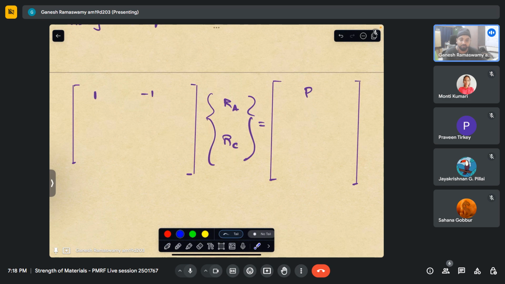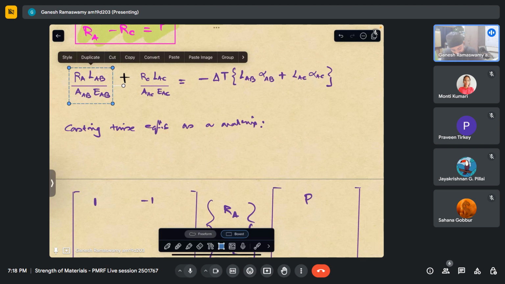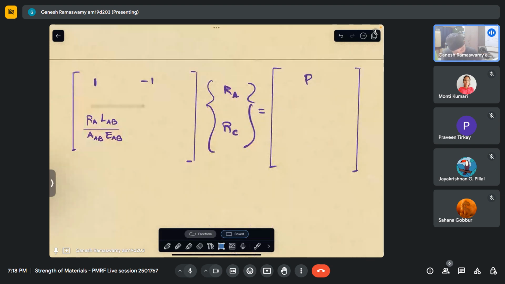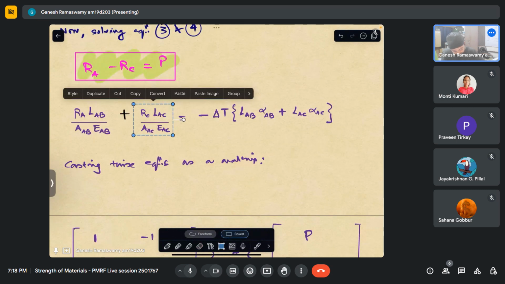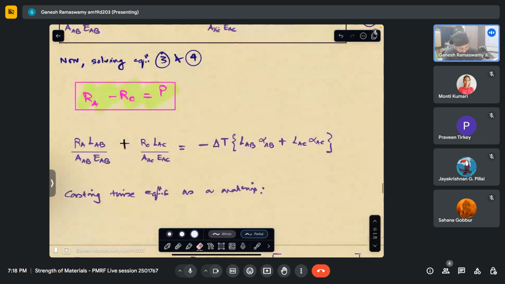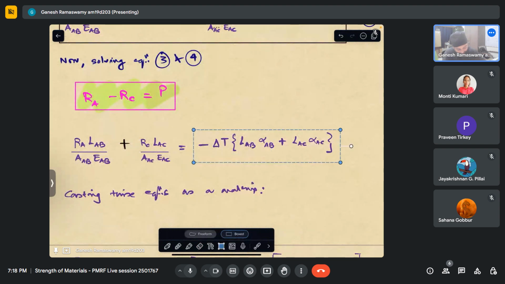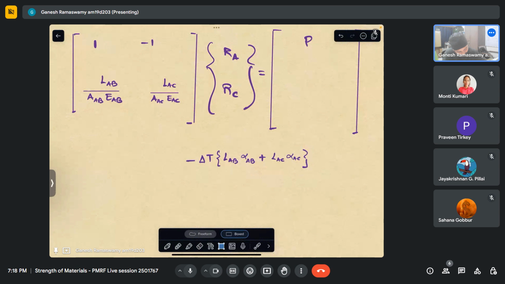The second equation, I just need to populate the coefficients. R_A I have already taken outside, so I'll remove this. And then I have this. R_C I have taken outside, so this will also go. And the right hand side is just this quantity. I'll just reduce its size and put it here. So it is just a matter of substituting and solving this.